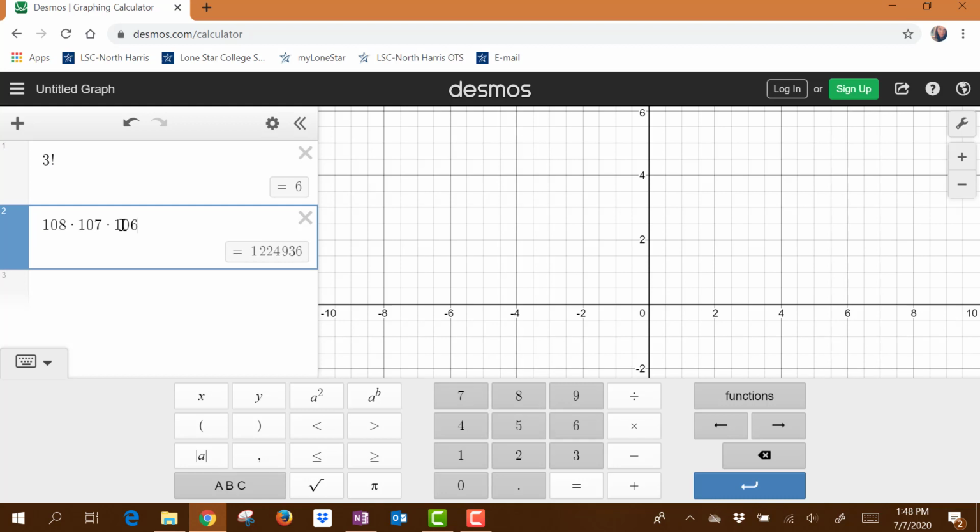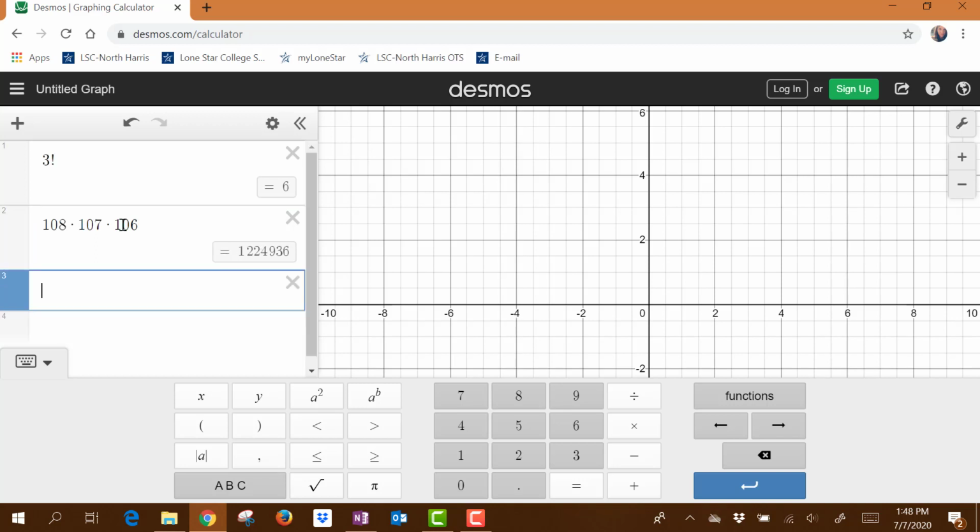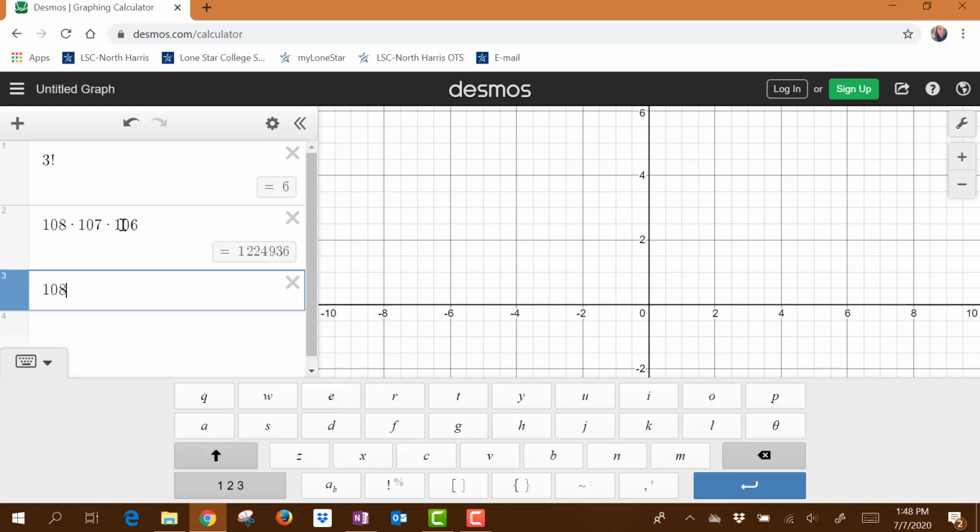Okay, and I get what is that? 1,224,936. Right. Now, if you tried to put 108 factorial in Desmos, it gives you a really huge number. And so what that would mean is 1.3 times 10 to that power. That tells you that that number is so big that it can't be listed here on Desmos.